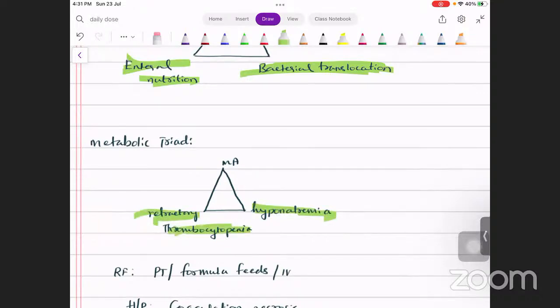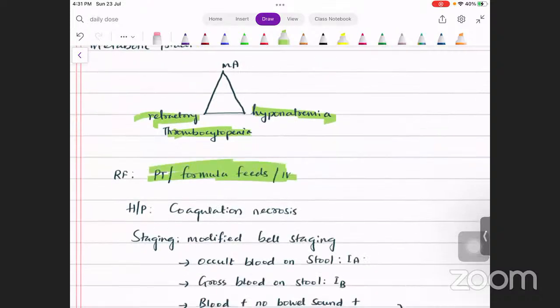Risk factors are prematurity and formula feeds. Histopathological findings show coagulation necrosis.